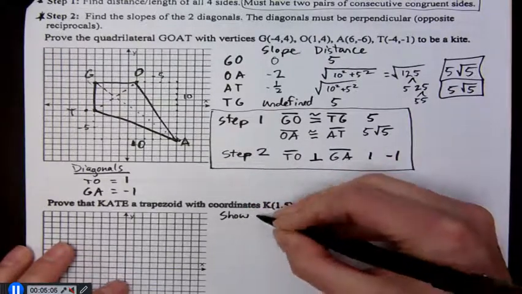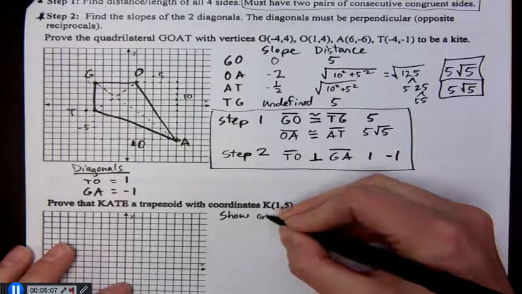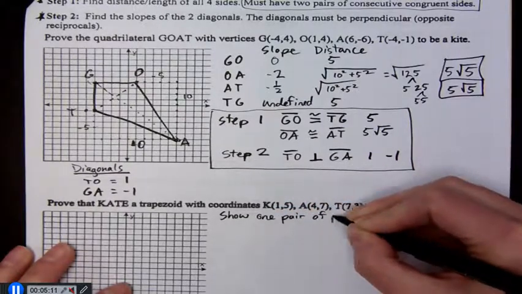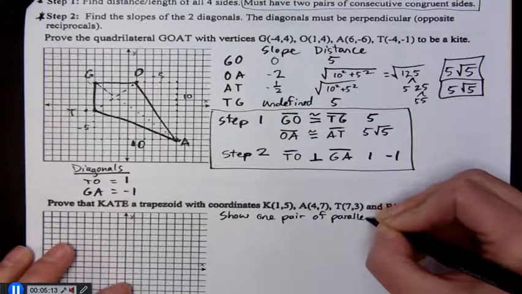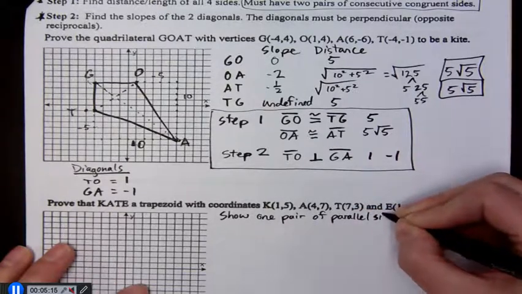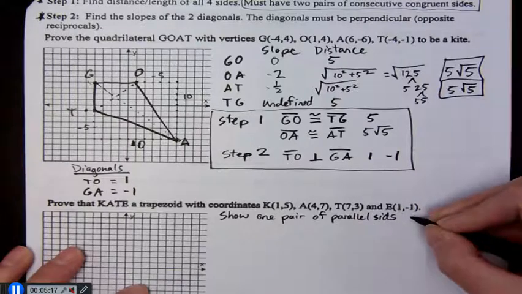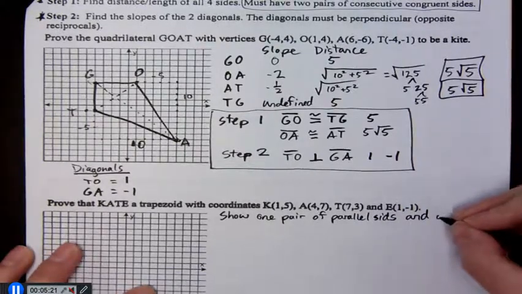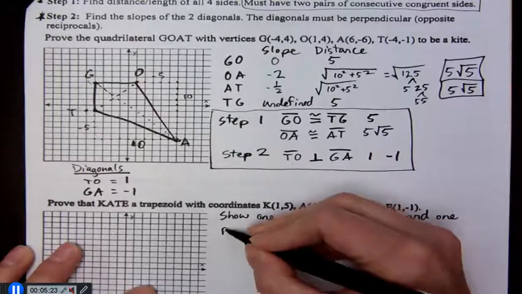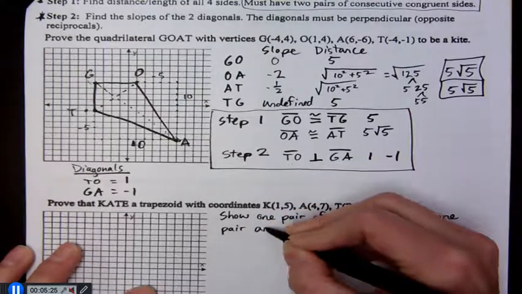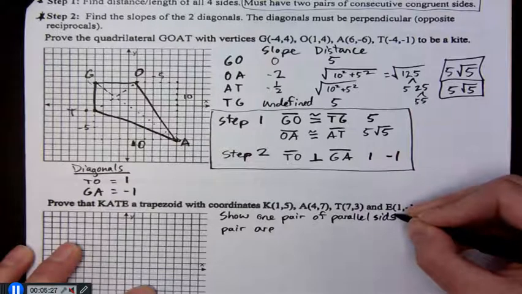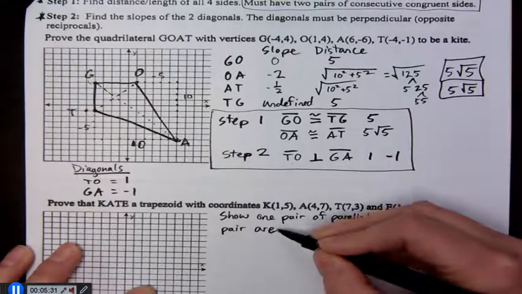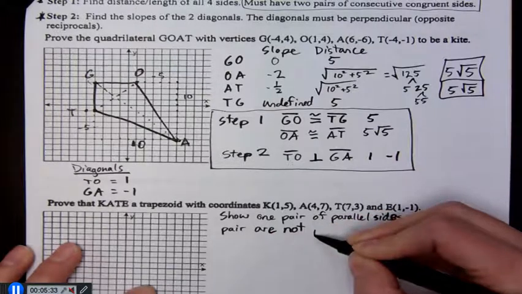You have to show one pair of parallel sides, and one pair of sides that are not parallel.